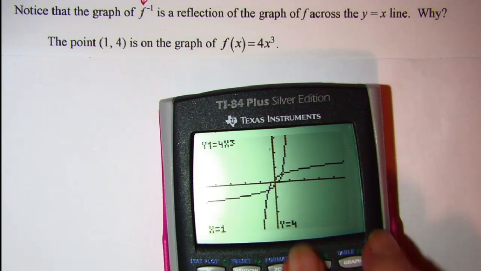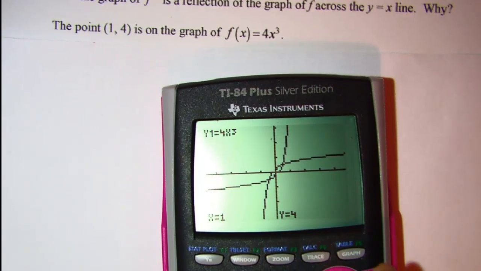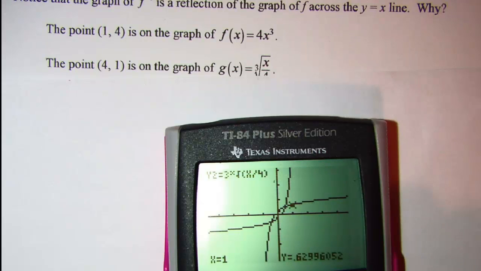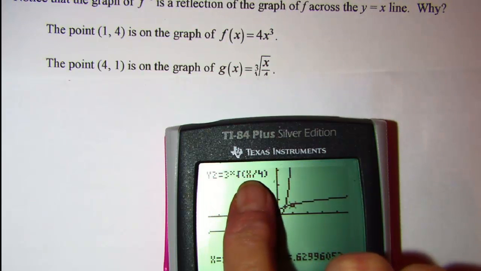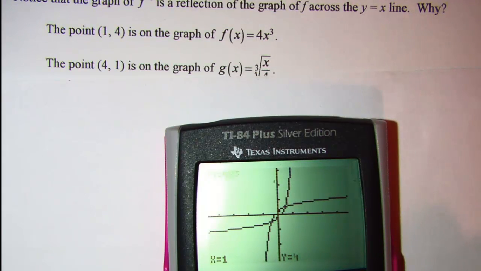Okay, so the point (1, 4), x is 1, y is 4, is on f of x, and then if we go up to this one, g, the cube root of x divided by 4, we should be able to trace that one and find (4, 1). There we go. x equals 4 and y equals 1.